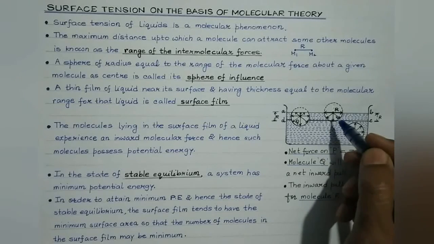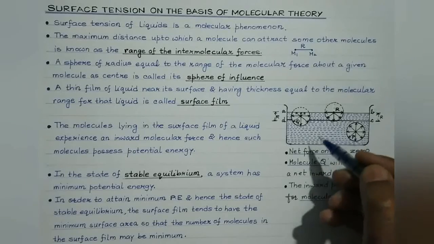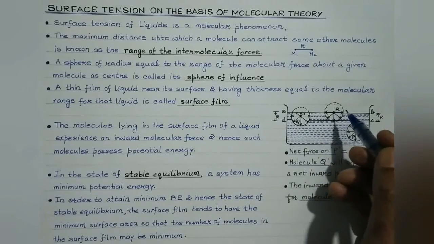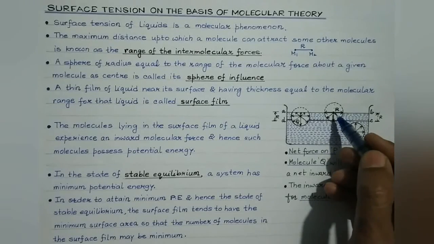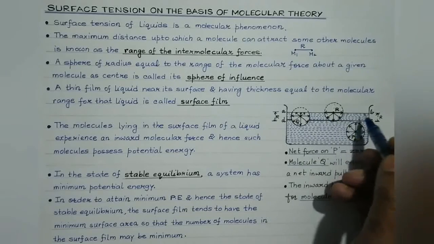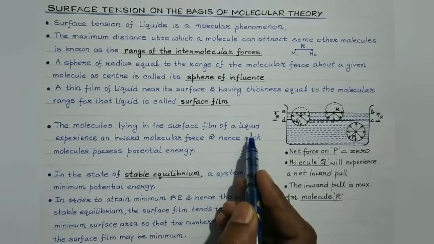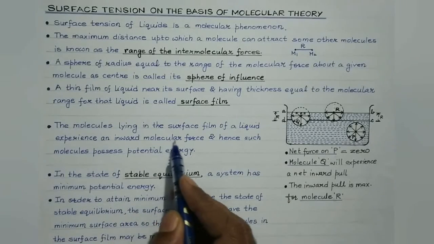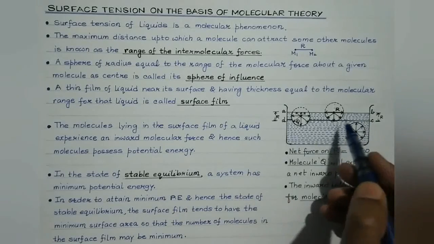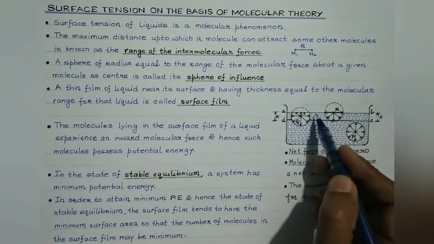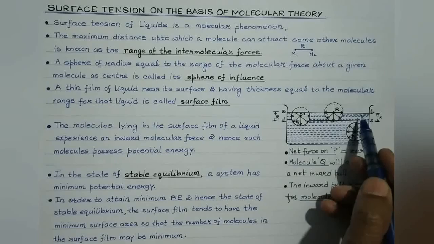As a result of this work done, it gets stored in the form of additional potential energy in the molecules residing on the liquid surface. So basically, the molecules lying in the surface film of a liquid experience an inward molecular force, and hence these molecules possess potential energy. Right?